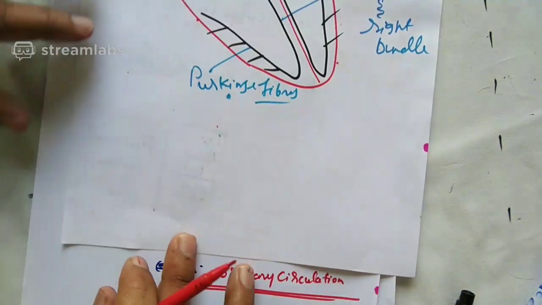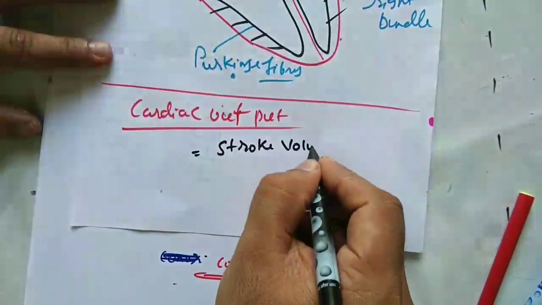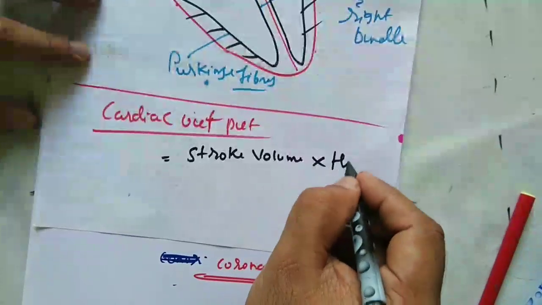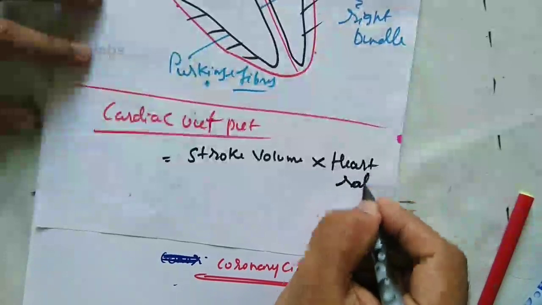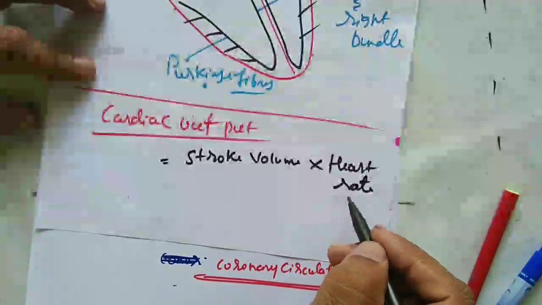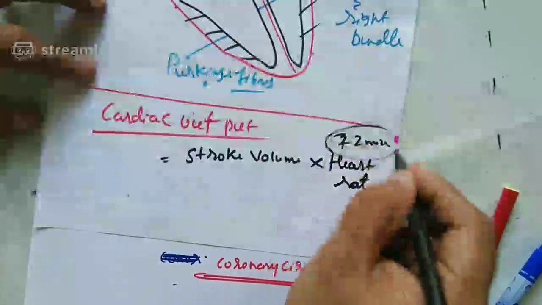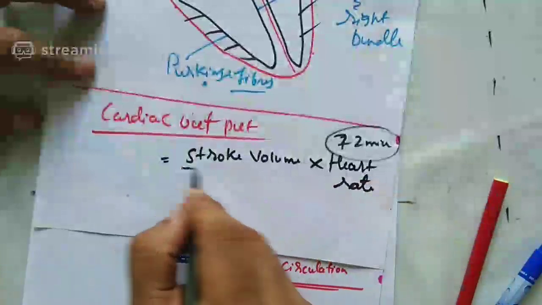After this aspect, I'll take a small thing here, heart rate. Several times I asked this question. What is heart rate? How many times the heart beats per minute? It is 72 times, you know it. Heart rate. What is stroke volume?